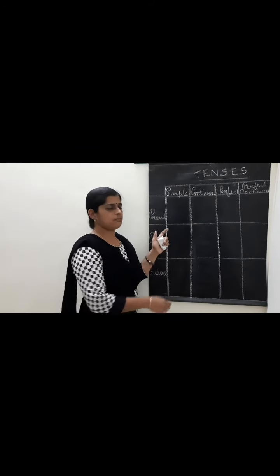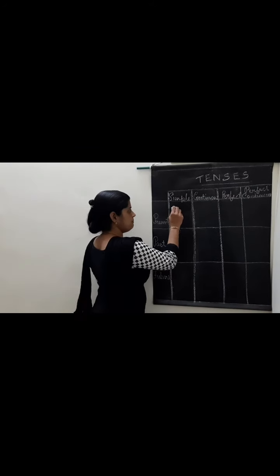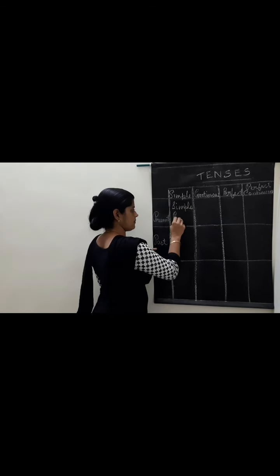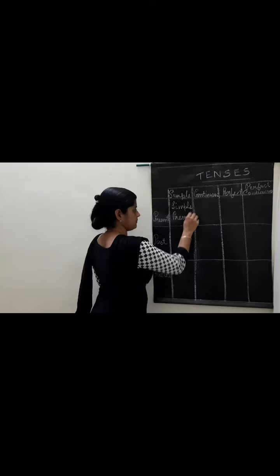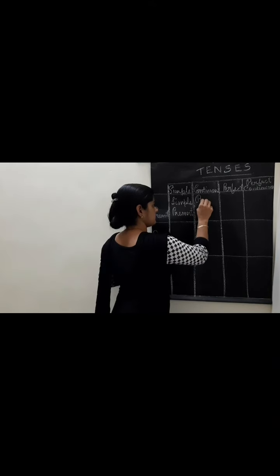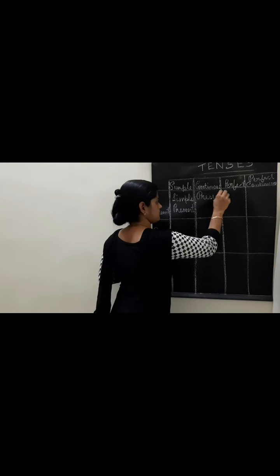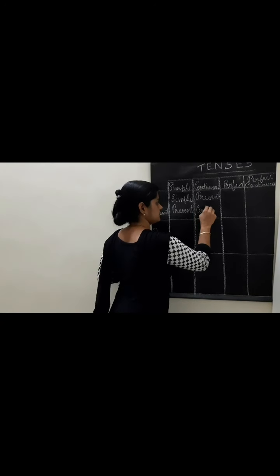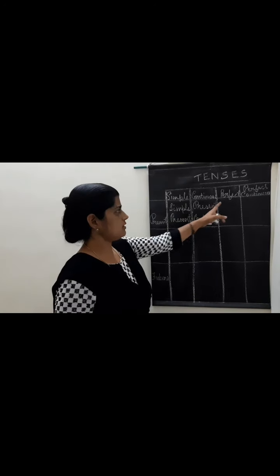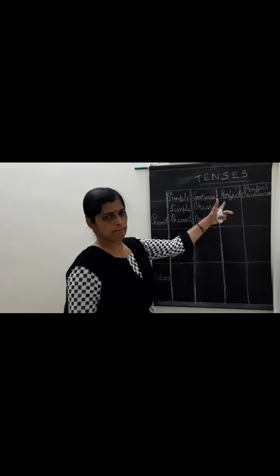So we will begin with present tense. First is simple present. And the next is present continuous. And the third one, present perfect.